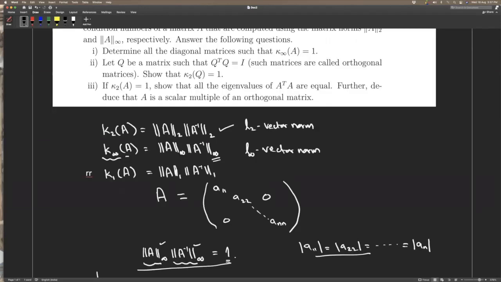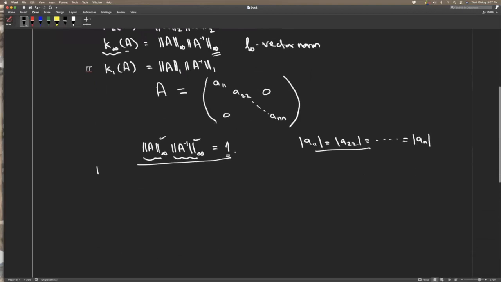The next question is, you are given a matrix Q, which is an orthogonal matrix. Then show that kappa 2 is always equal to 1. That is, the condition number of an orthogonal matrix under the Euclidean vector norm is always equal to 1. That is what we have to show.